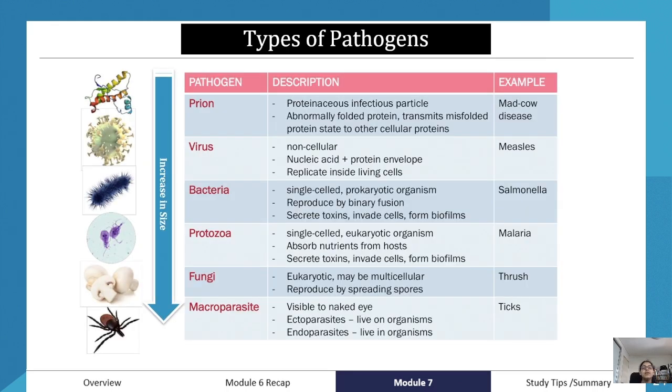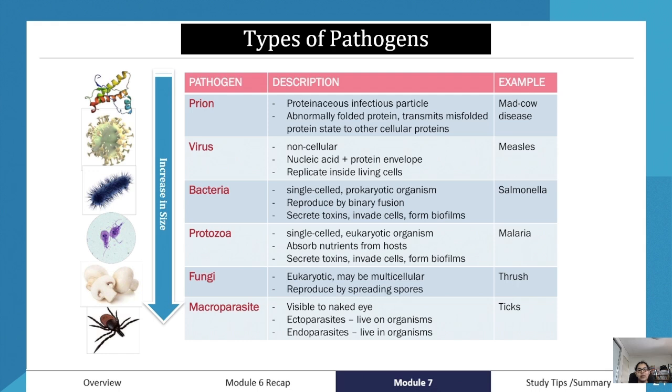So let's have a look at the types of pathogens. You'll have to remember what they are and also examples of diseases that they cause. The way they are structured is incremental in terms of their sizes. So we start off with prions, which are like 235 amino acids long.